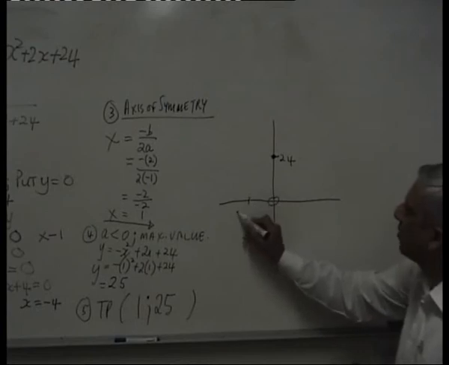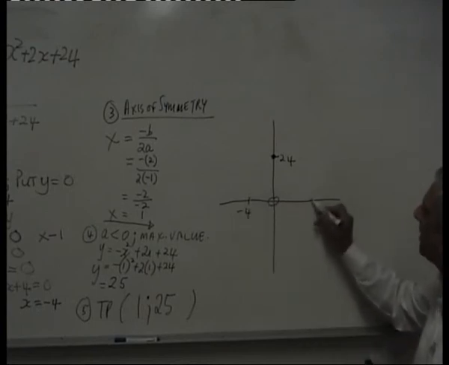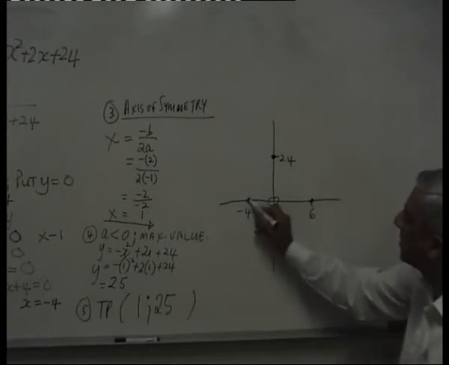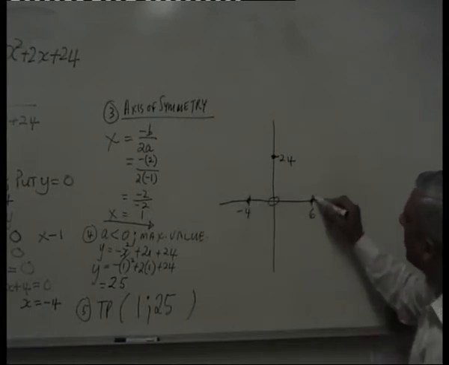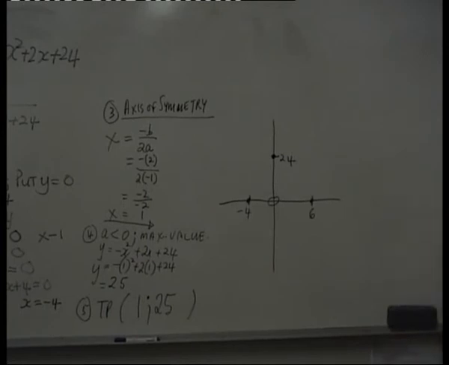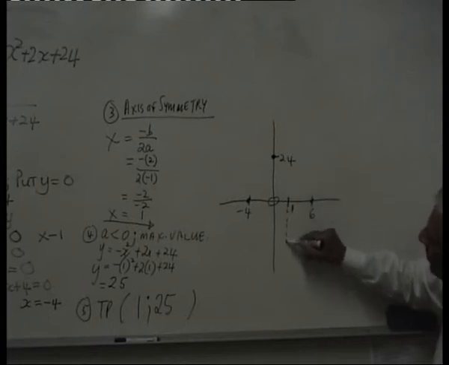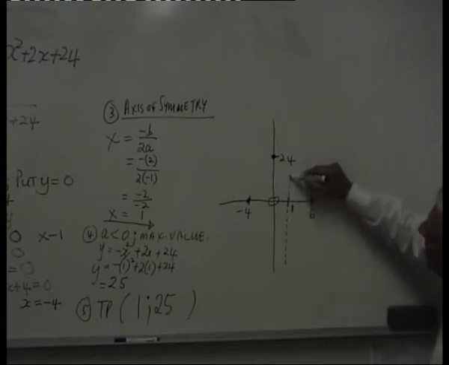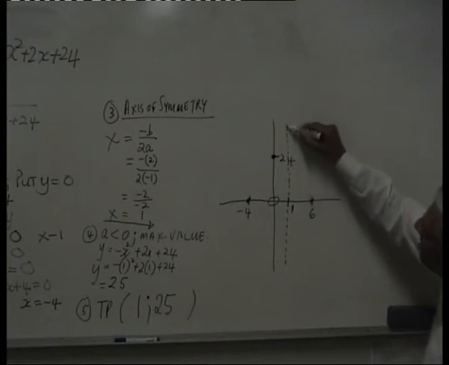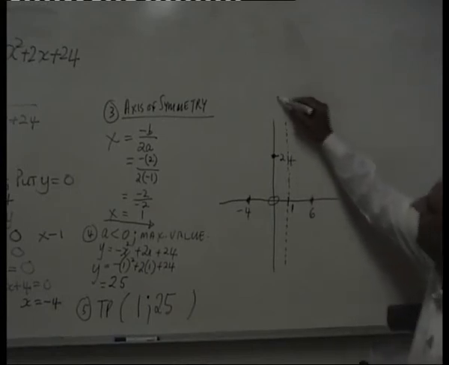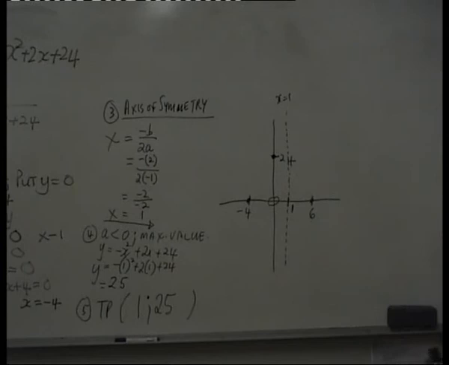So minus 4 will be somewhere there, and 6 will be somewhere there. Dot on 6, dot on minus 4. Then your axis of symmetry is 1. So 1 is somewhere here. So you got a broken line going through 1, which is your axis of symmetry. And that's x is equal to 1.